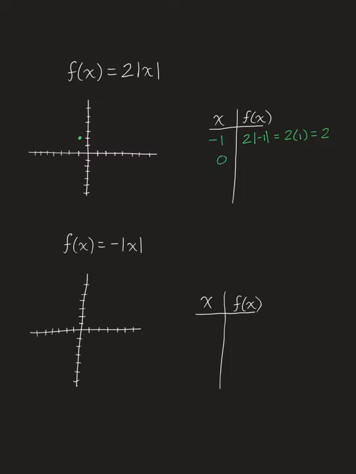If I plug in 0, 2 times the absolute value of 0, well, that is just 2 times 0, which is 0. And let's plug in 1. So 2 times the absolute value of 1 is just 2 times 1, which is 2.